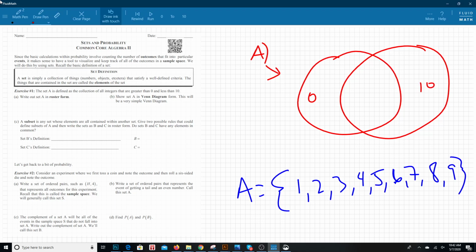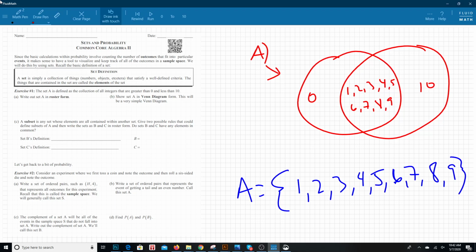Then right in between, we would have 1, 2, 3, 4, 5, 6, 7, 8, 9. So again, this fills the requirement. So in my Venn diagram, I have 1, 2, 3, 4, 5, 6, 7, 8, 9.